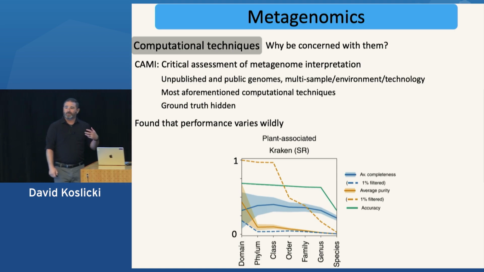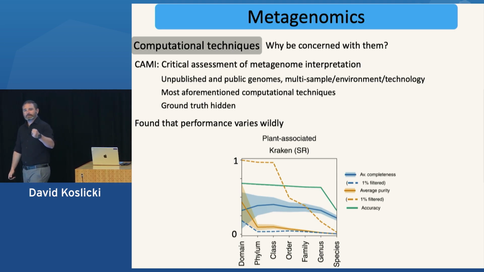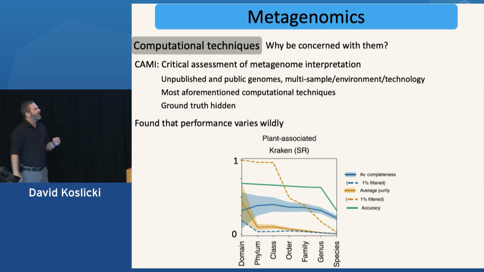And some of the tools that are the most frequently used oftentimes have unexpected behaviors. Like here, this is Kraken on one of the plant-associated metagenomes. Here again, we have purity or precision, completeness or recall. And notice that the purity is real low, just about 0. Oftentimes it lights up your database.